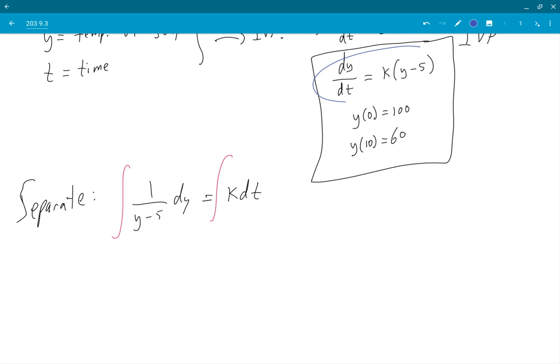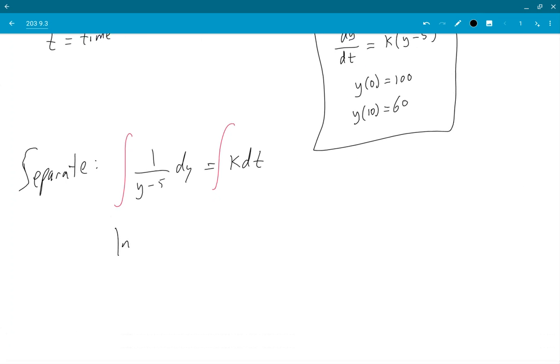Okay, so remember, I wanted to take this equation and put the y's over here, and then put the t variables over here. So I did that, now I'm integrating, and I get ln absolute value y minus 5 is equal to kt plus a constant.